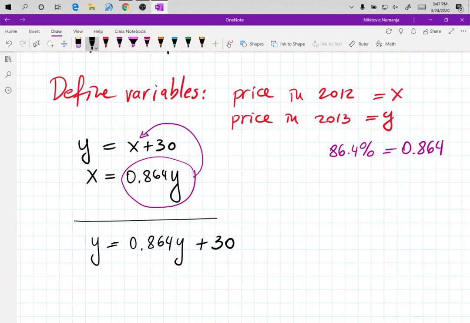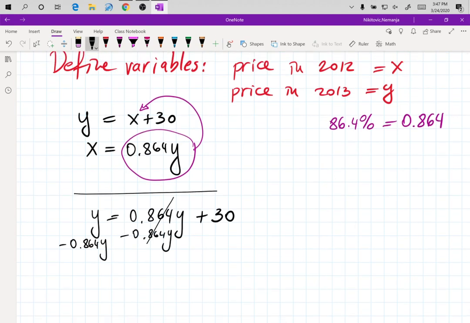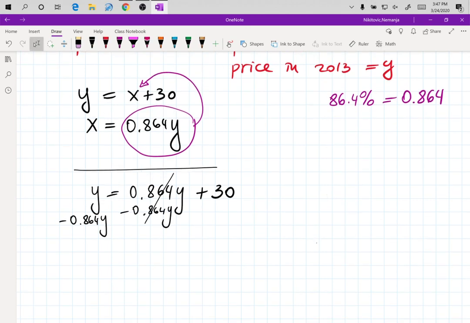You have a 1y on the left and 0.864y's on the right. So we're going to subtract 0.864y on both sides. They will cancel on the right. On the left, you will have 0.136y, right? That's 1 minus 0.864. And on the right-hand side, you have 30.